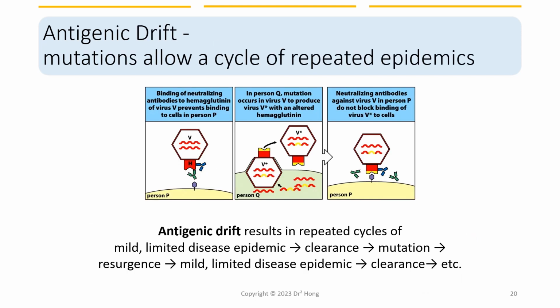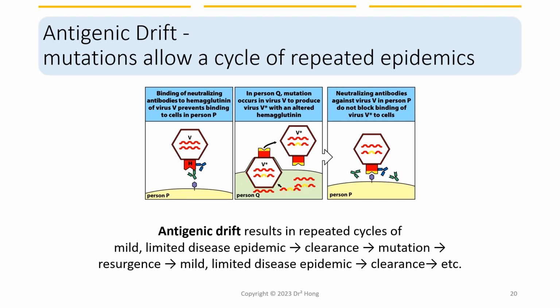In the figures, person P is an infected carrier that can spread virus to person Q, and the virus mutates in the process of replication in person Q. That changes the structure of the glycoprotein, and that changes the antigenic properties. Next, person P can now be reinfected with the mutated strain.